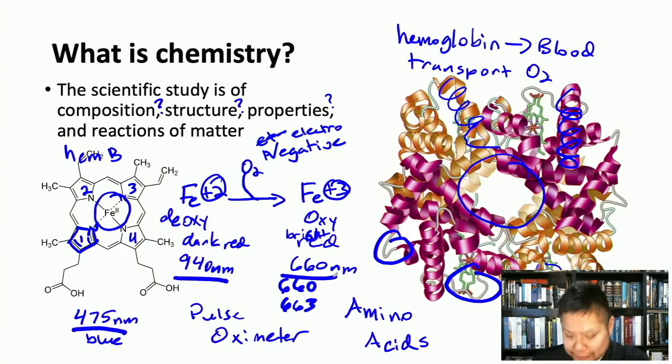The difference between those two numbers, 940 and 660, is how a pulse oximeter, one of those things that goes on your finger, determines how much oxygen your blood has. So next time you go to the doctor, take a gander at it. You see a little red light in there that can penetrate your skin and see what color your blood is, and that's how it tells how oxygenated your blood is. Kind of interesting.